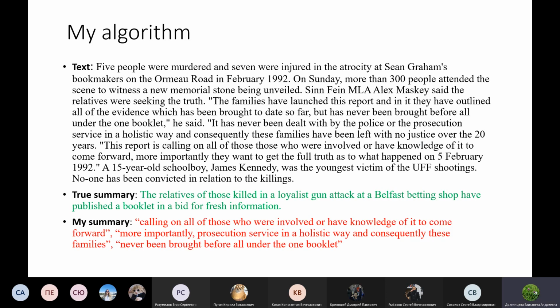Okay, my algorithm. I call it that way because I wrote it myself according to the descriptions of extractive methods. The steps are: I take the text, clear it of unnecessary characters like commas, dots, etc. Also stop words, then lemmatize it. That is when I single out the basis by the meaning.